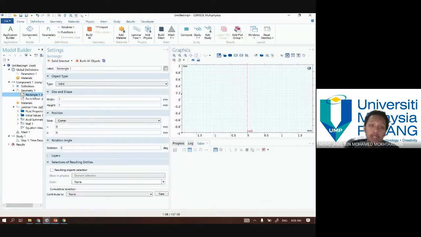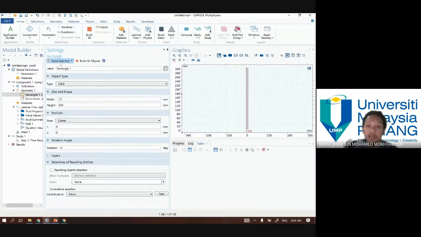Then we draw the rectangle. The width is 10 millimeter and the height is 300 millimeter. So we get the cross section of the cylinder. When this rectangle revolves about this red line here, it will become a cylinder. Then we have drawn the geometry.